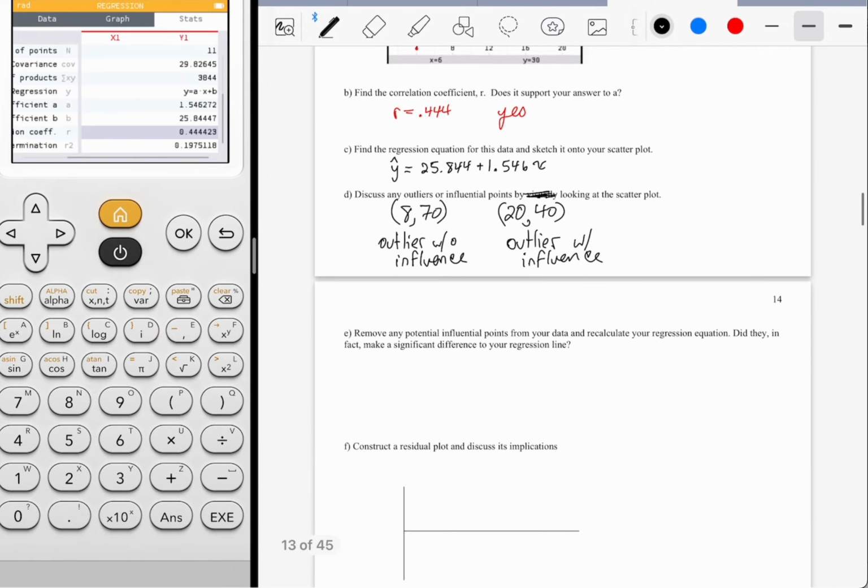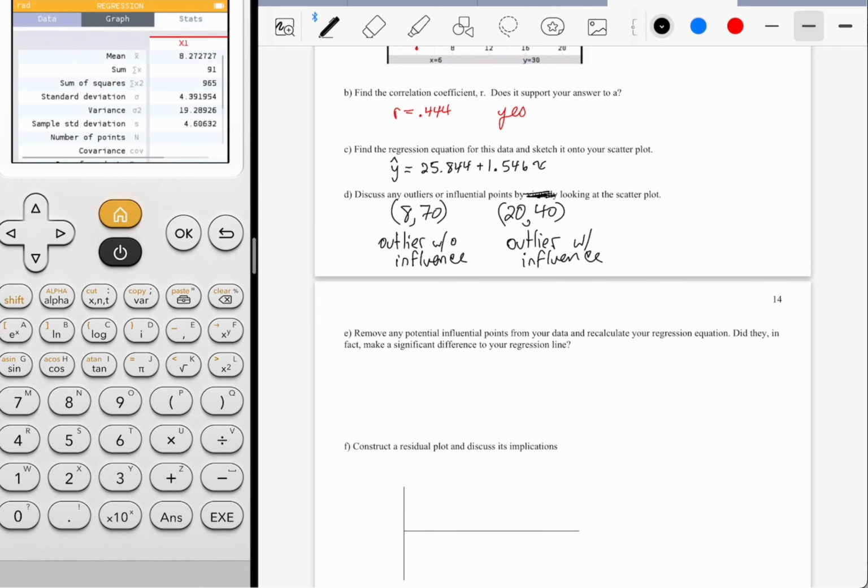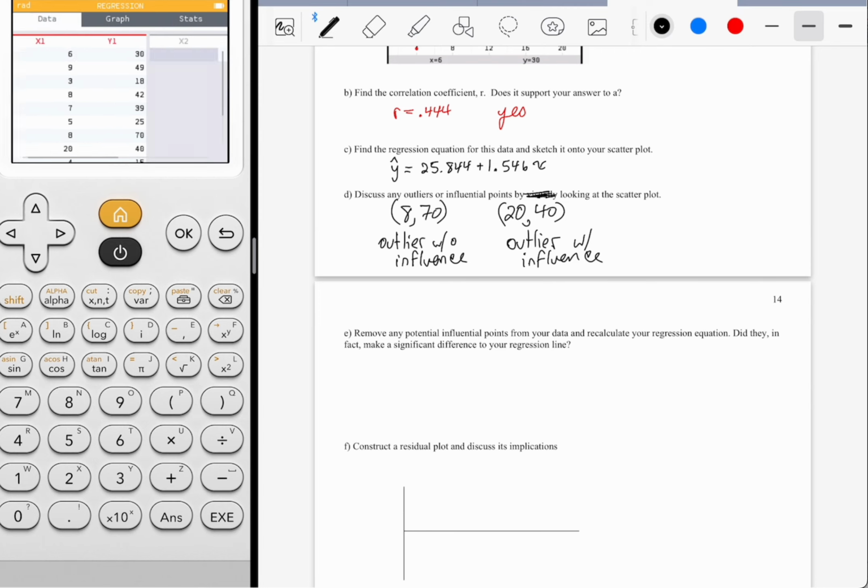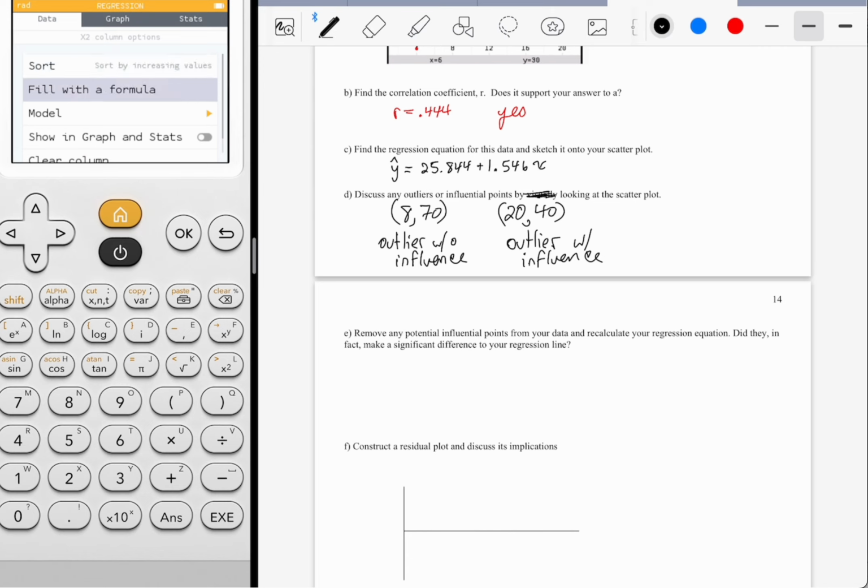All right. So for the removal of influential points and all that stuff, we want to go into our data set and first make a copy of the values that we have. This is just a general rule of thumb, and it's always going to play out this way: you're going to need the original data set and also the one where we remove outliers. So make a copy, fill with formula.